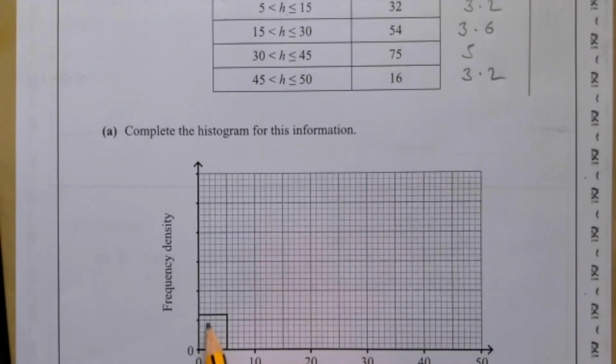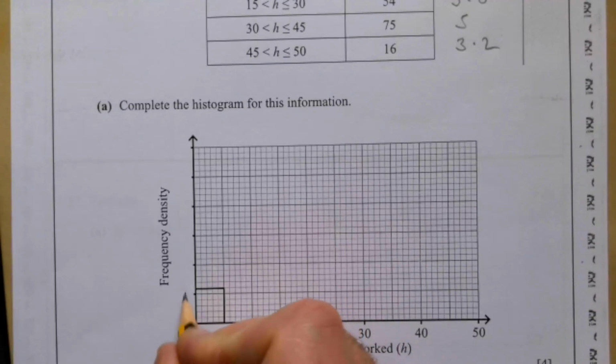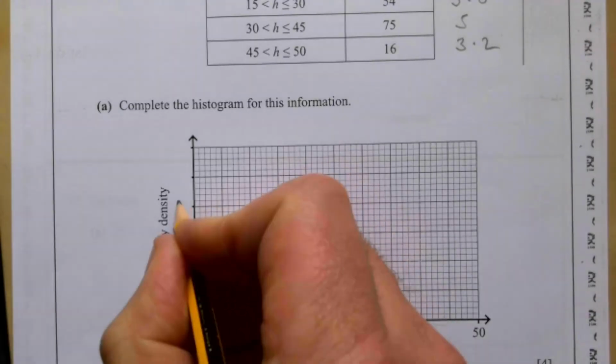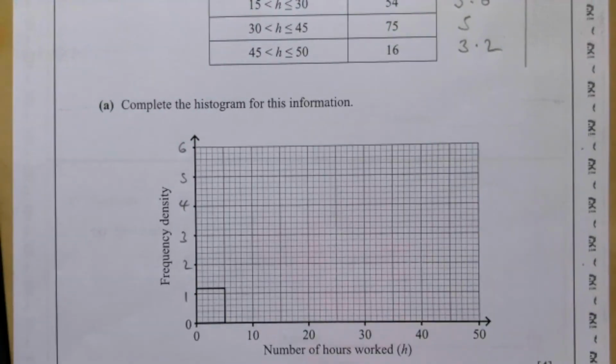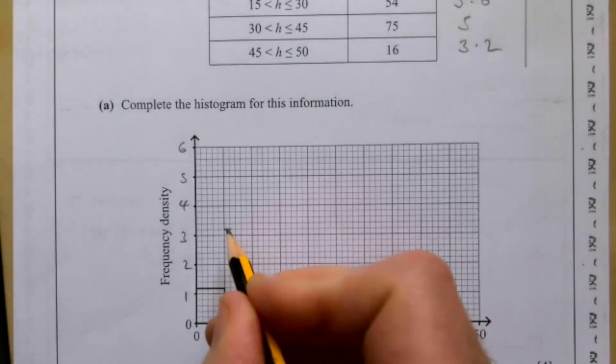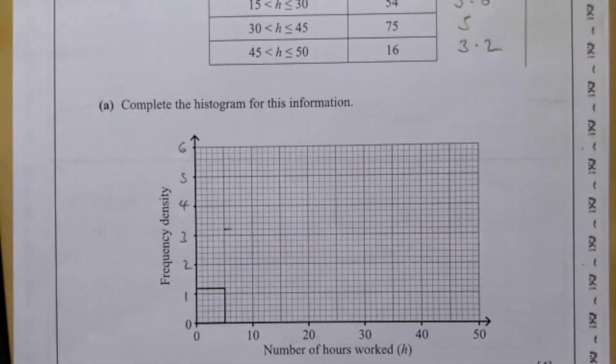So if this here is 1.2, going up the side is my frequency density, 1, 2, 3, 4, 5 and 6, and then from 5 to 15 I want to go up as high as 3.2, so my 3.2 mark is going to be there.